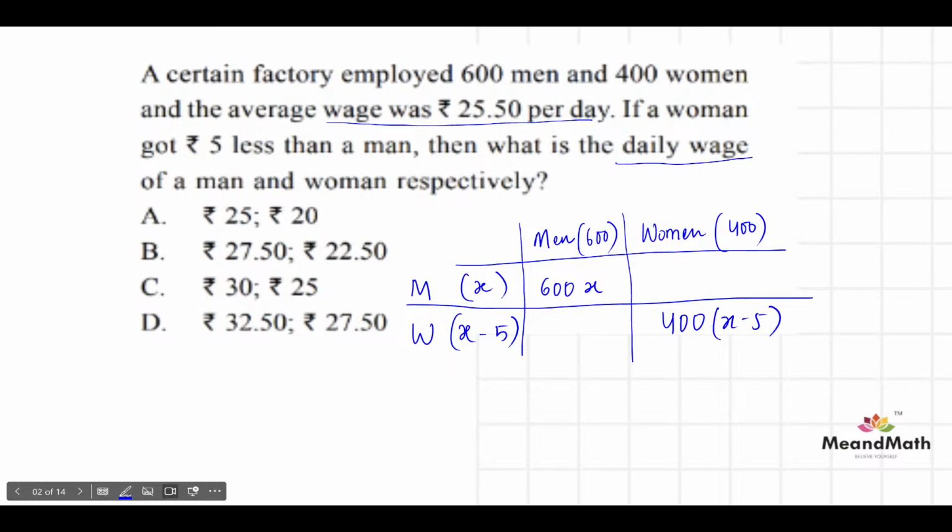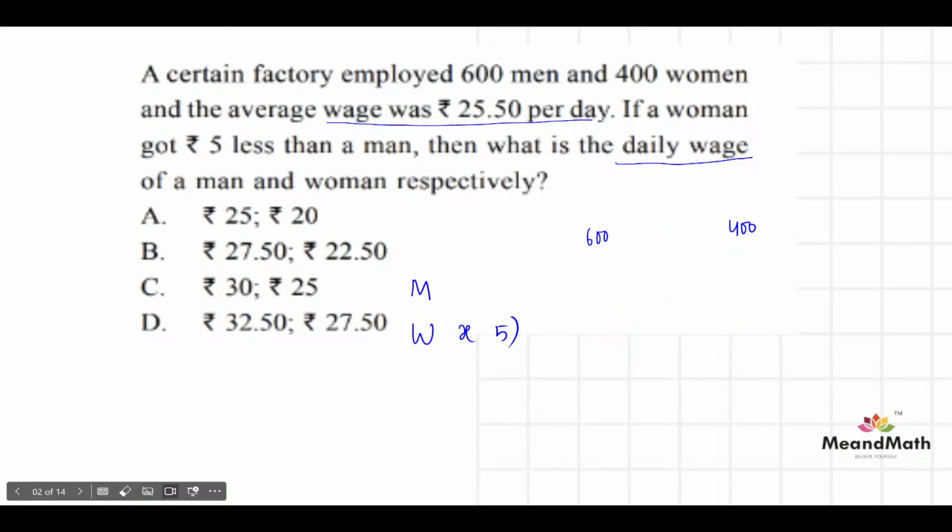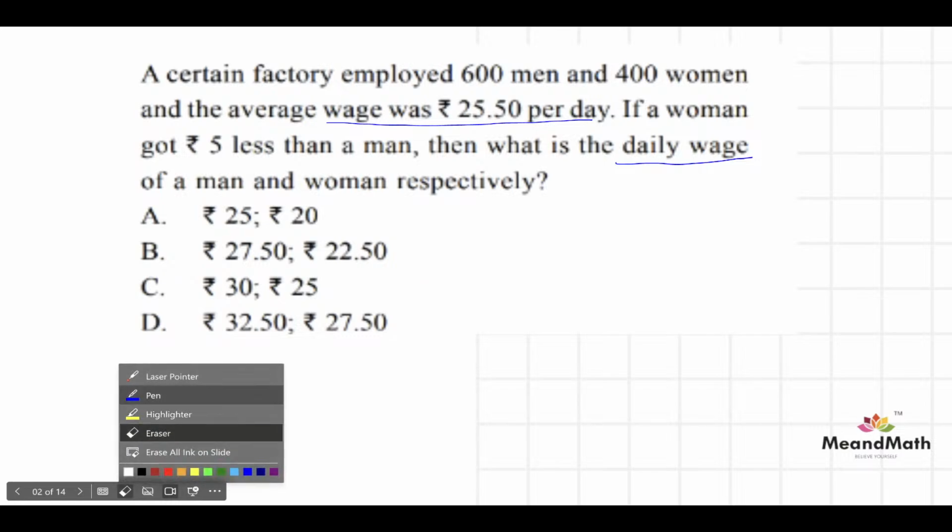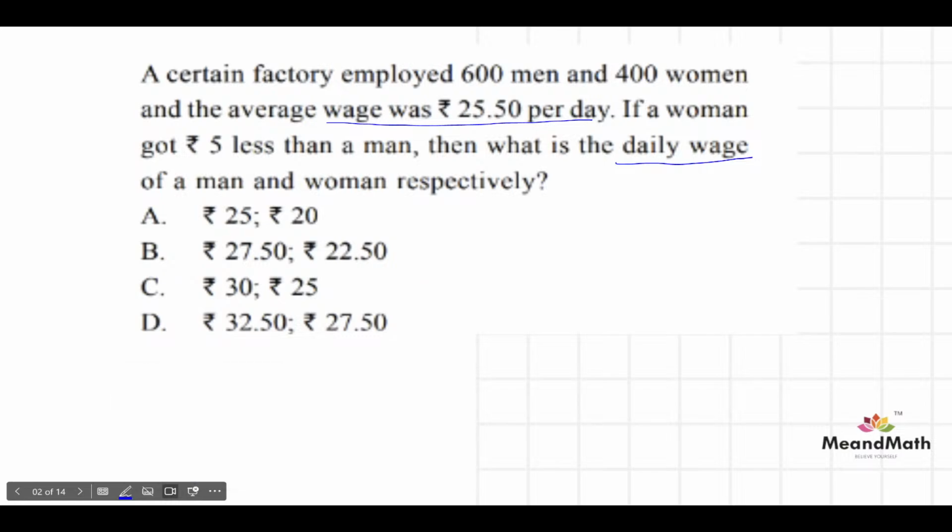So probably we need to structure this table again. Let me just try without the table if it works. If we consider the men's wage to be X, the women are going to get X minus 5.